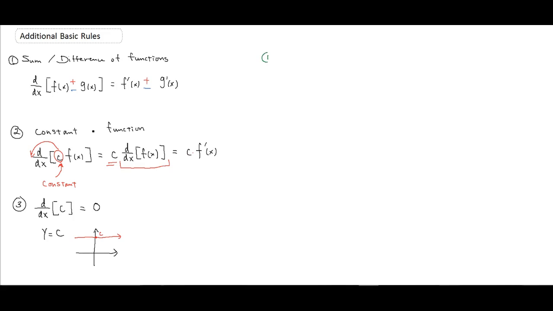So for the first example, let's do f of x equals, say, x cubed minus 2 square root of x. So first off, I do have a difference of two functions. So using rule number 1, let me just indicate which rule I'm using here.